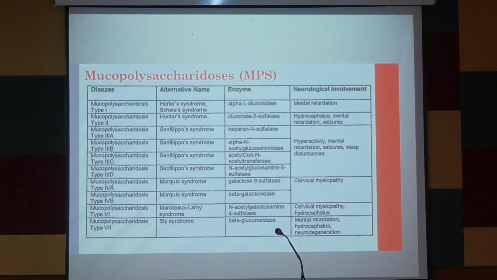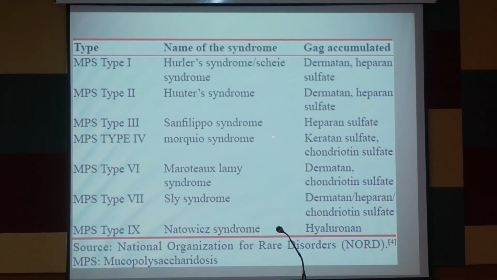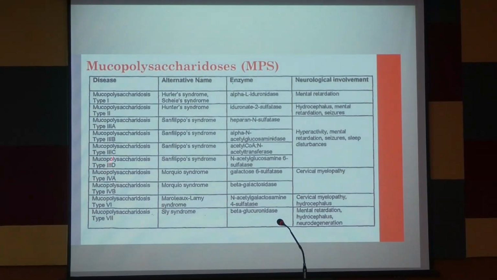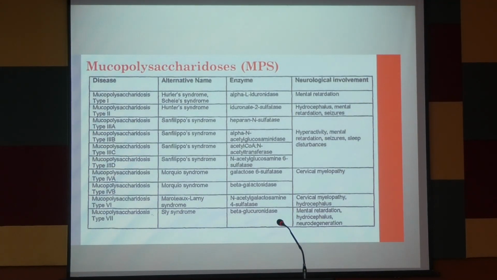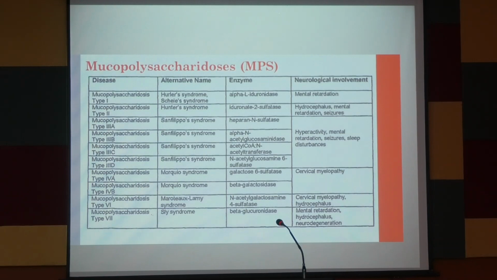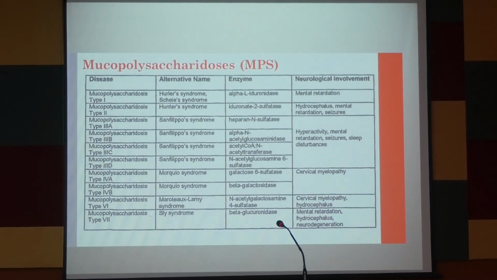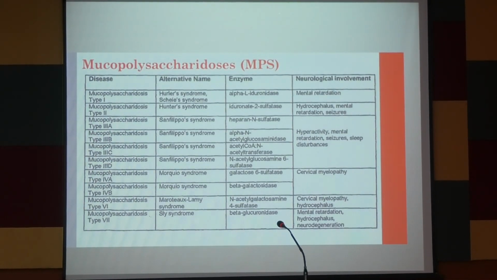Clear? Then comes 2. 2 has no such division. Then 3 has division. See, Sanfilippo, how many? A, B, C, D. 4 types of Sanfilippo. Correct? So which one is better?